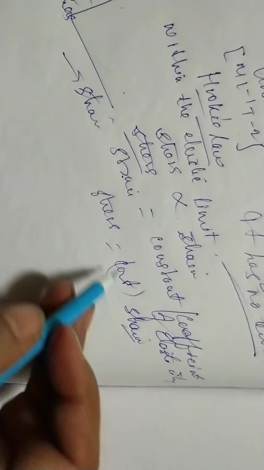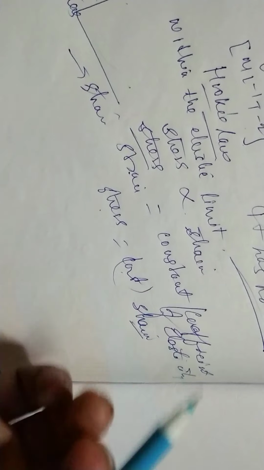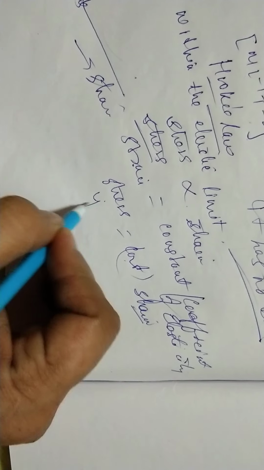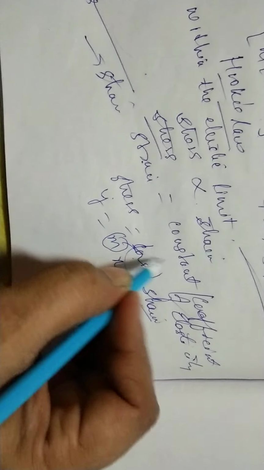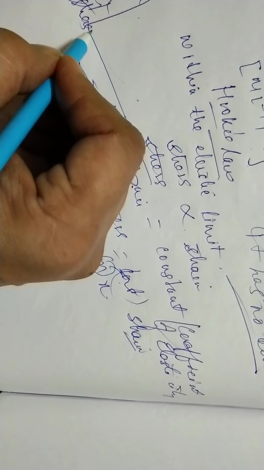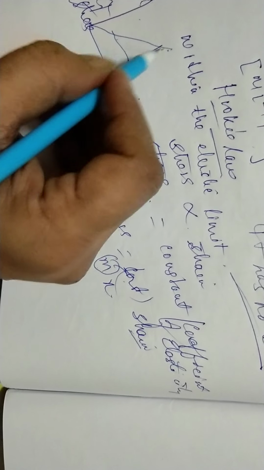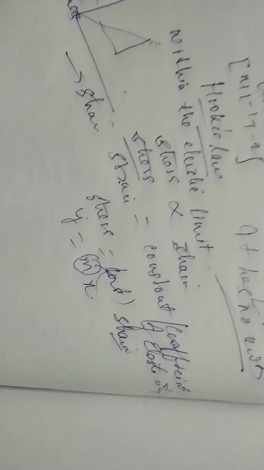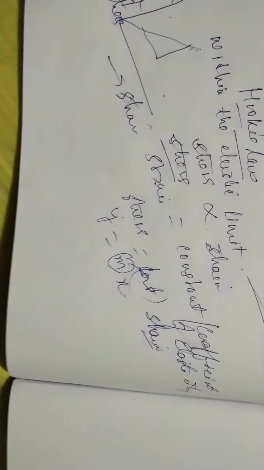If you compare it with the formula y = mx, this m is the coefficient of elasticity, that is the slope, and you get a straight line passing through the origin. So if you get to know the slope of the graph of stress and strain, you can easily find out the coefficient of elasticity. Okay, that is one thing.